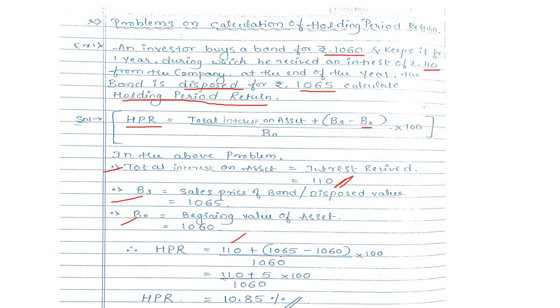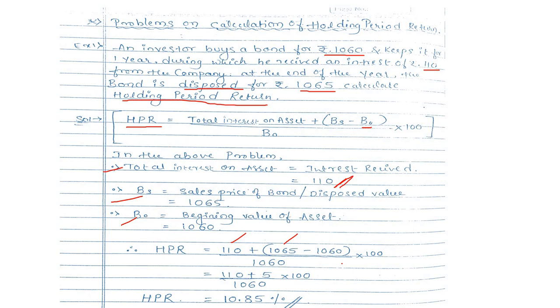BS is nothing but the sales price of a bond. In the last line they gave that the bond is disposed for rupees 1065. Disposed means disposable value or sales price, both are the same. So it is 1065.